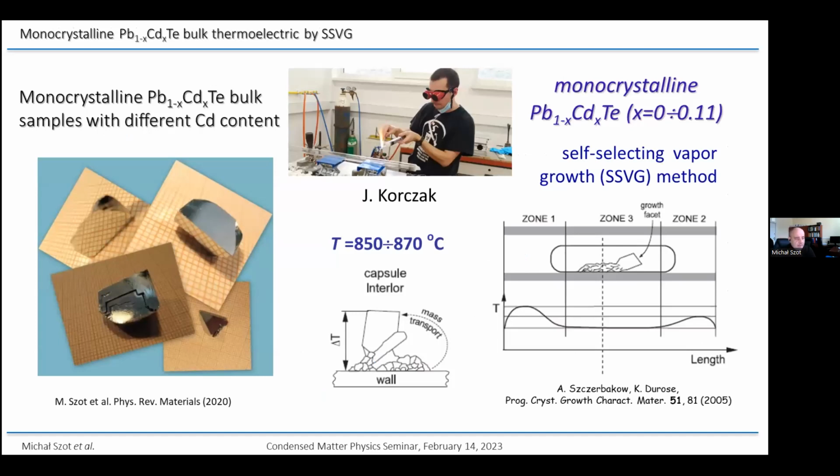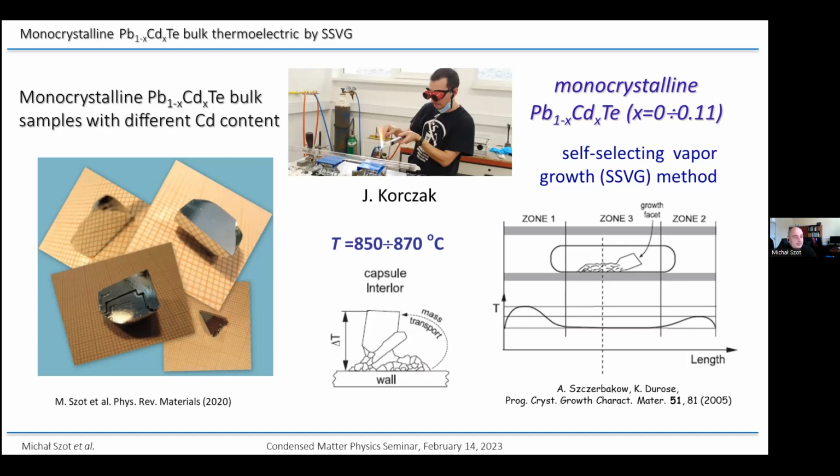To do it and to check the influence of the cadmium dopant on the thermoelectric properties of lead telluride, we use the self-selecting vapor growth method, which was developed by Andrzej Szczerbakov in our team, and now the work is continued by Jędrzej Korczak.